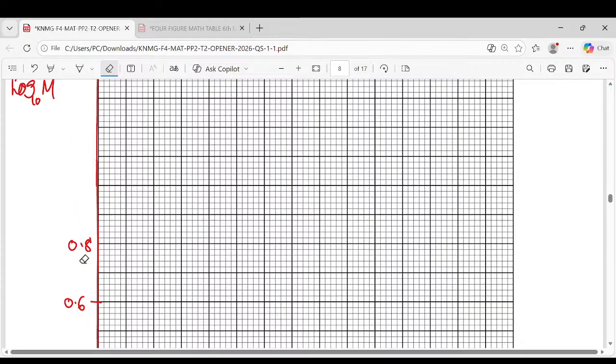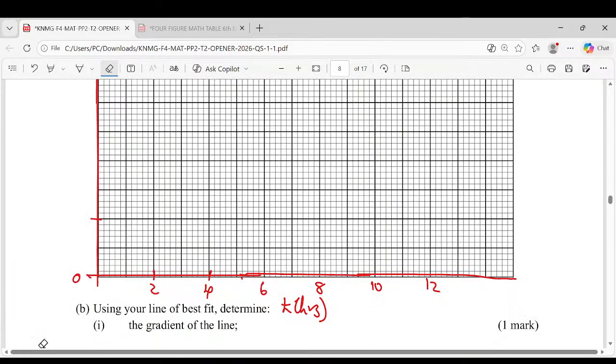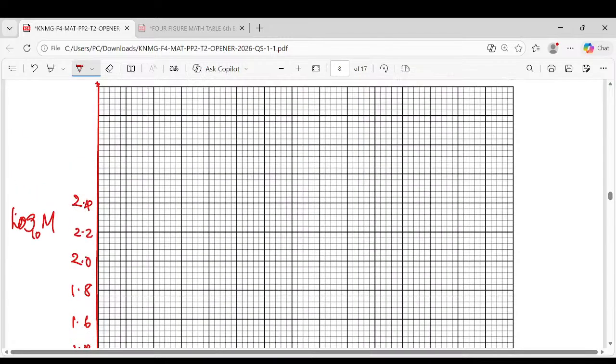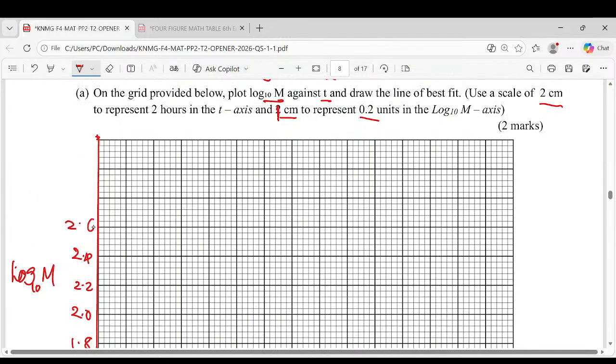Let me now make it very simple from my end. So I can have here 0.6, 0.8, 1.0, 1.2, 1.4, 1.6, 1.8, 2.0, 2.2, 2.4, then 2.6.